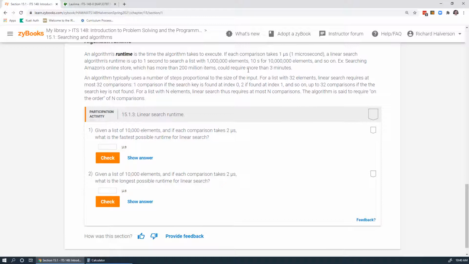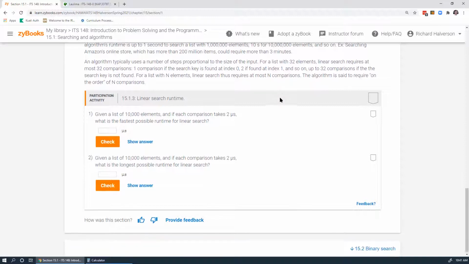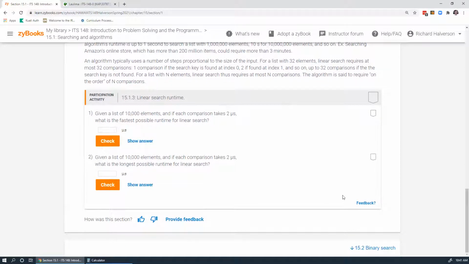If you double the number of elements, the amount of time doubles. If you multiply it by 10, the amount of time is multiplied by 10. So here it tests if you understand that, by multiplying this by that.